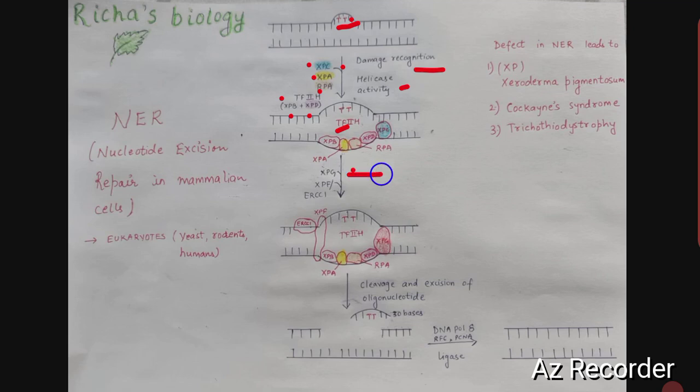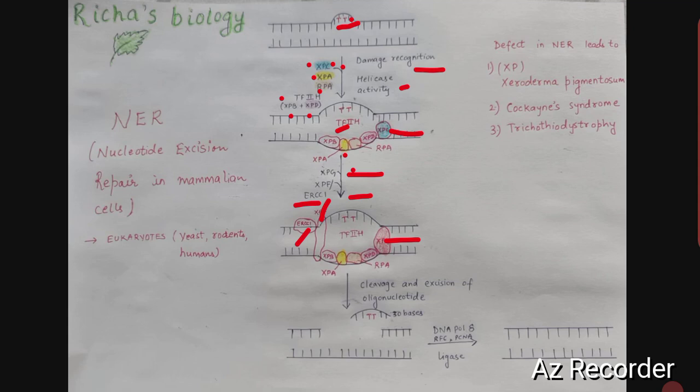XPG will come here and XPF, or you can say ERCC1 proteins will come. You can see here this ERCC1 is here, XPF is here, XPG is here, and this blue one is XPC, yellow one is XPA, right? So these all are recognized by proteins.